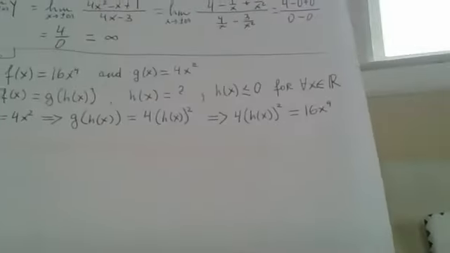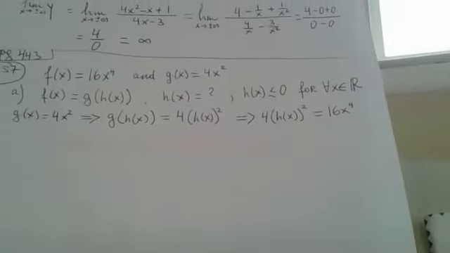Yes. Comparing this with f at x, I can conclude that it means that 4 times h at x squared should be, look what I'm saying, should be equal to f at x, which is 16x to the 4th power. All right?